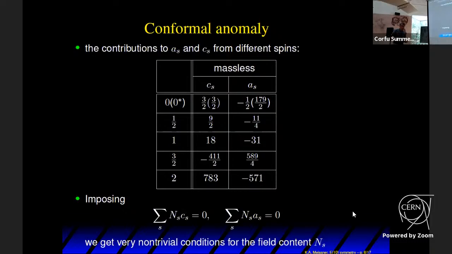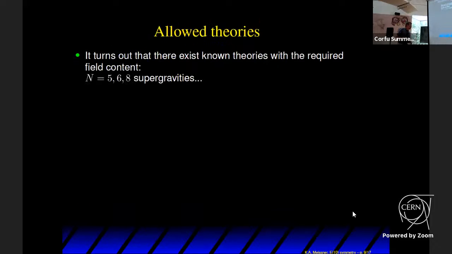But actually, to our great surprise, it turned out that the field content of supergravities, not 1, 2, 3, 4, they do not satisfy these conditions, but 5, 6, 7, and 8. 7 and 8 is the same supergravity. So let's say 5, 6, and 8, with these very small numbers, satisfy these conditions. So that was very, very surprising.